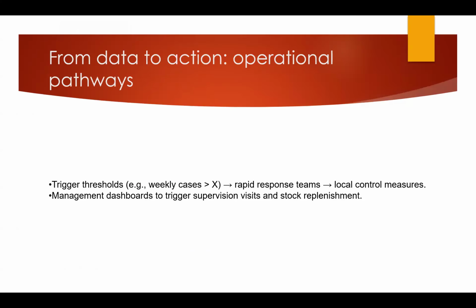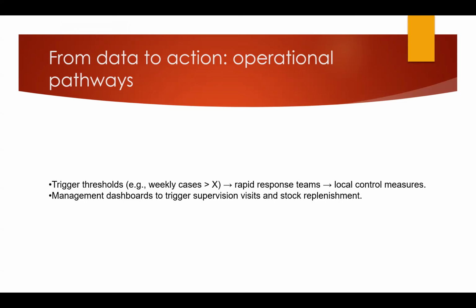From data to action, operational pathways. Trigger threshold, for example, if there are more than X number of weekly cases of dengue, typhoid, or measles, the rapid response team should be activated and local control measures should be put in place, which is being done very proactively in the case of dengue in the province of Punjab.